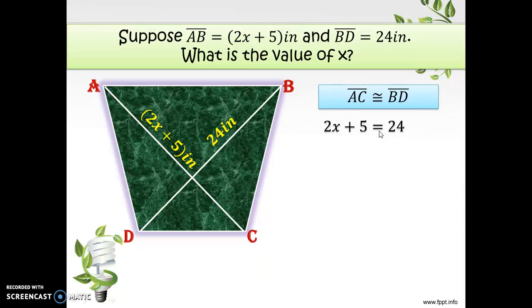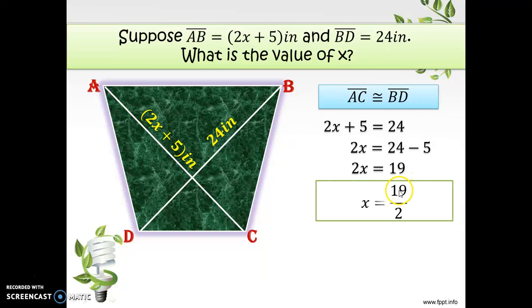Now, manipulating it further, we have 2x equals 24 minus 5. So we have 2x equals 19. And the final answer would be x equals 19 halves. And that is the value of x in the given problem.